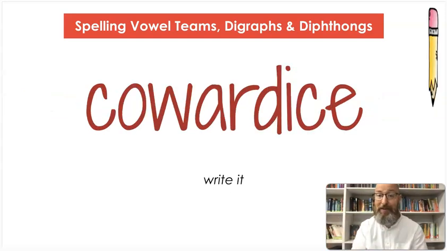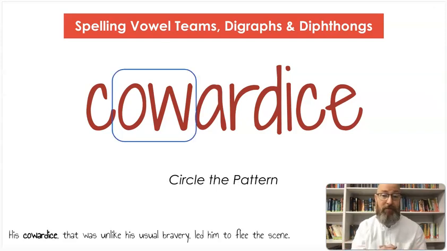Again, I will spell it for you. C-O-W-A-R-D-I-C-E. And our vowel team, digraph, or diphthong that we have is O-W. That's our pattern. It says owl. His cowardice, that was unlike his usual bravery, led him to flee the scene.